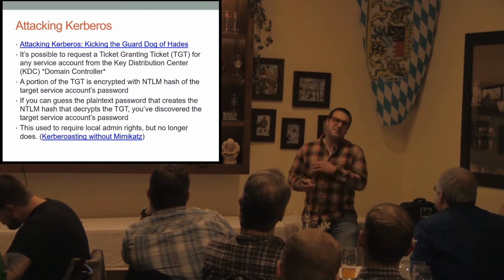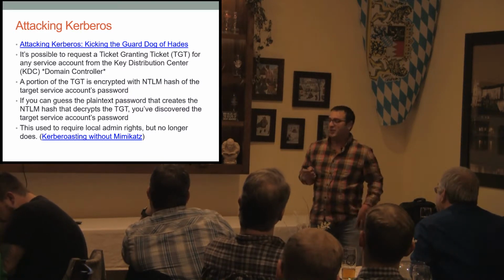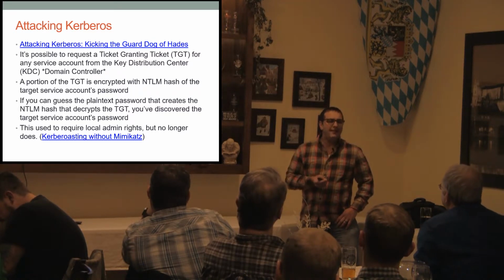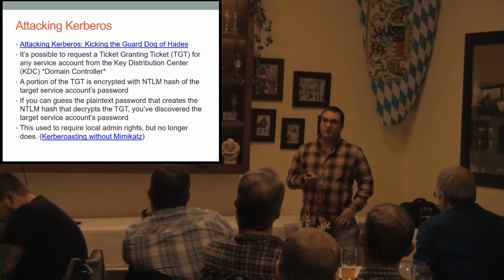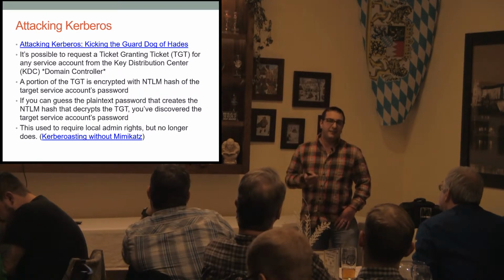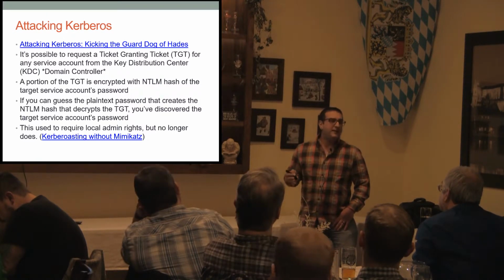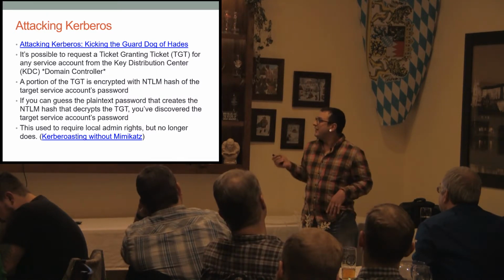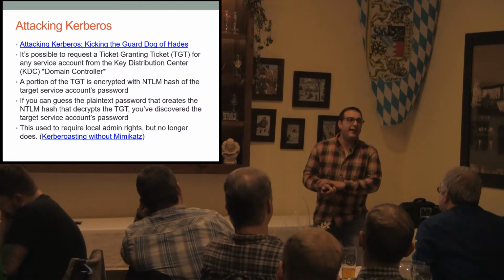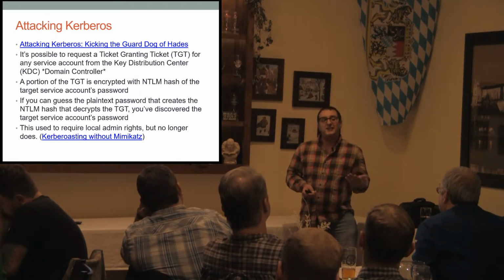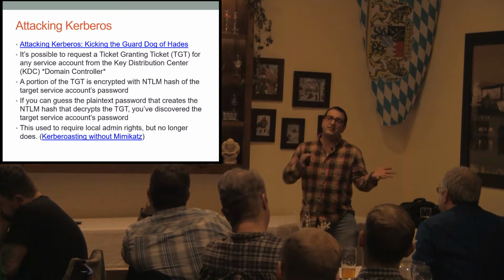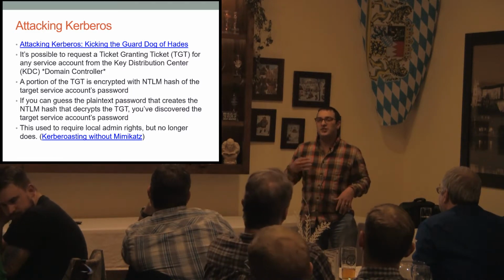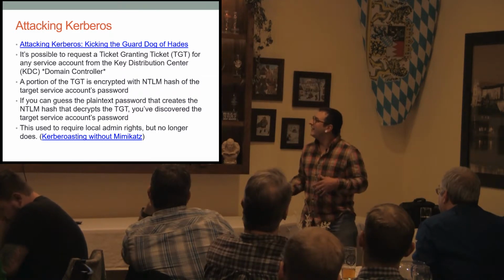The other interesting thing is that when this attack was initially announced, it required local admin on the system where you were going to dump these Kerberos ticket granting tickets. People have since figured out that there are different .NET calls you can make to get those tickets without local admin on a system. So even a standard user can go out to Active Directory, query all of these accounts, and get ticket granting tickets, which they can then try to crack offline.